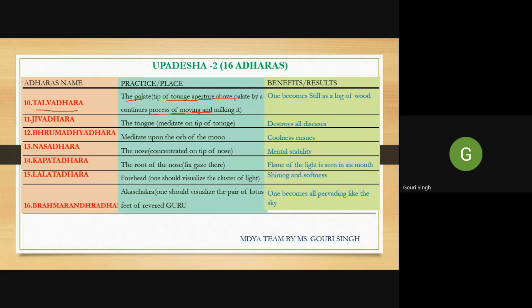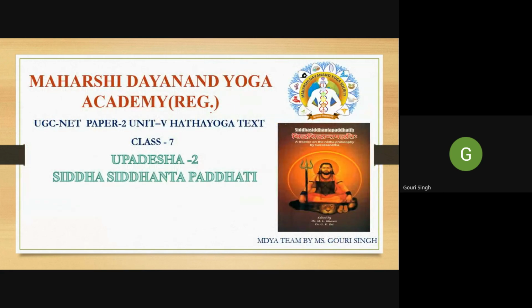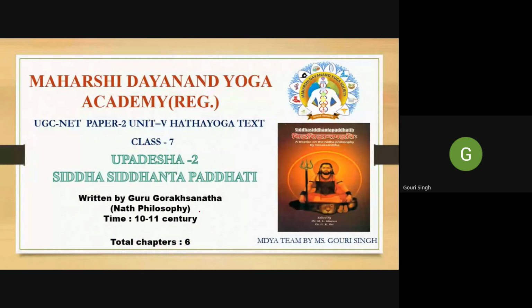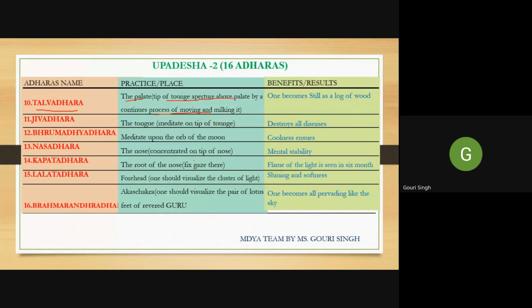In the previous one, in the 9th one, what happens? Here it is written that you have to touch or try to insert. So that is the primary stage, talking about the Khechari Mudra. But in the 10th, what are the practices given here?